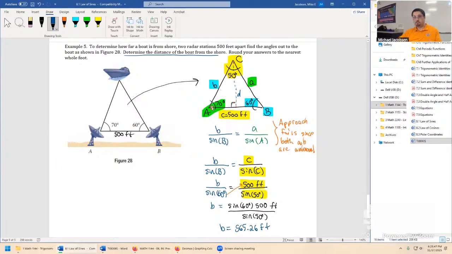Looking at the lengths here, it looks somewhat commensurate with this being 500 feet apart. There's no guarantee that this triangle is drawn to scale whatsoever, but that does give us some assurance that we're on the right track. So this becomes 565.26 feet.